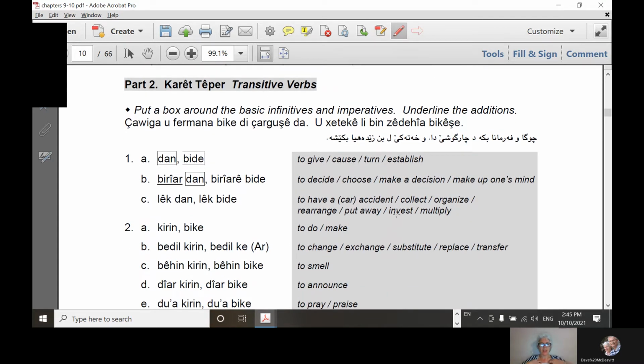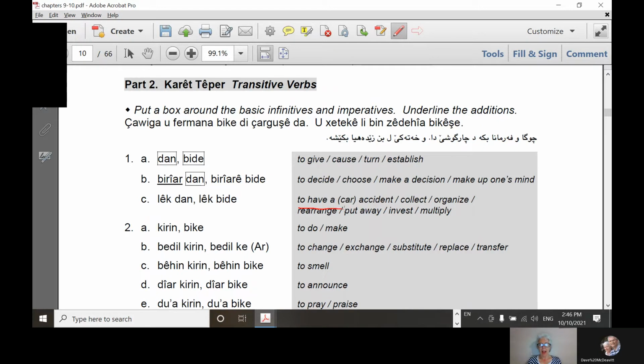In part 2, you have the transitive verbs. Now we're going to do the same thing here. So we're working with basic verbs like don bida, which means to give, or to cause, or to turn, or to establish. Okay, so now we're going to turn it into decide, or choose, or make a decision, or make up one's mind. Okay, so there we still have don bida as our basic verb. And then we add brior, or briore, to make it into decide or choose.